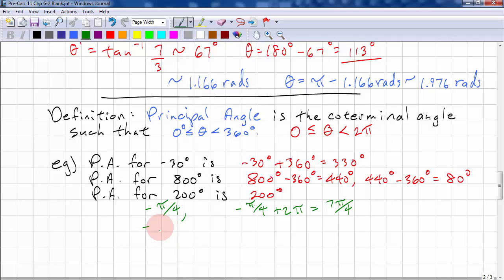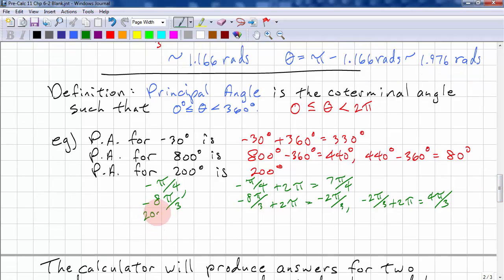If we had minus 8 pi over 3, we have minus 8 pi over 3 plus 2 pi. That's 6, so minus 2 pi over 3. And we still have to add another 2 pi. And again, we're adding 6, so that's 4 pi over 3.